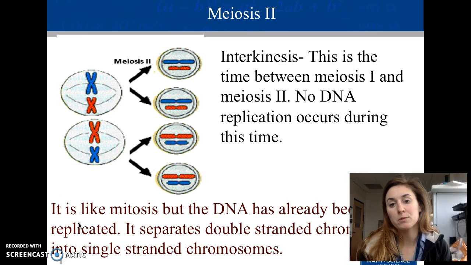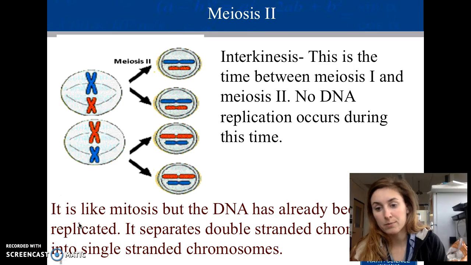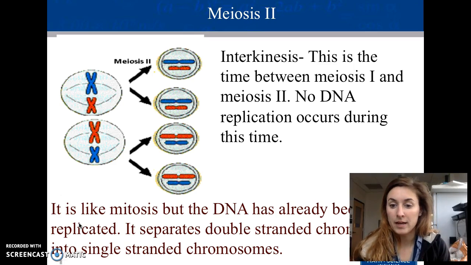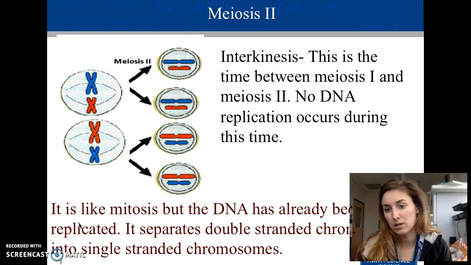Interkinesis is the time between meiosis 1 and meiosis 2. No DNA replication happens. So unlike during meiosis 1, where we have interphase to replicate my DNA, I don't have that, and for good reason, because I need to get half of the DNA. This is exactly like mitosis, but the DNA has already been replicated earlier, and it separates those double-stranded chromosomes, those X's, into single-stranded chromatids.